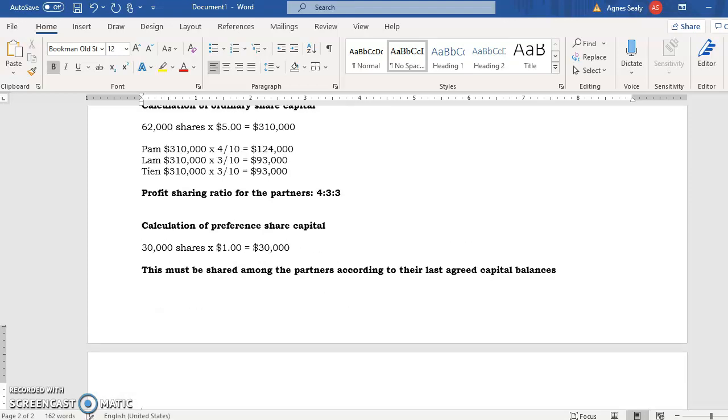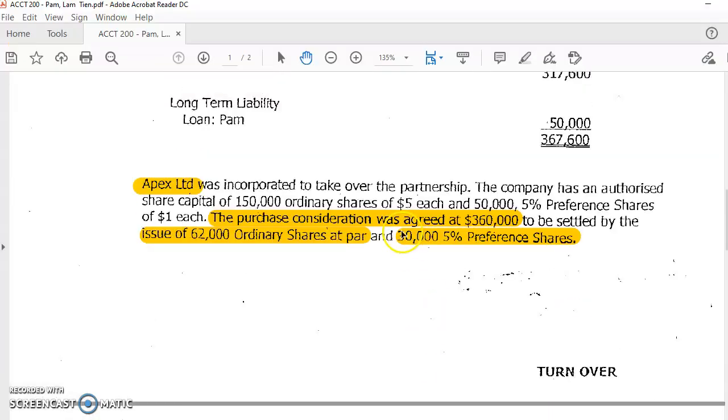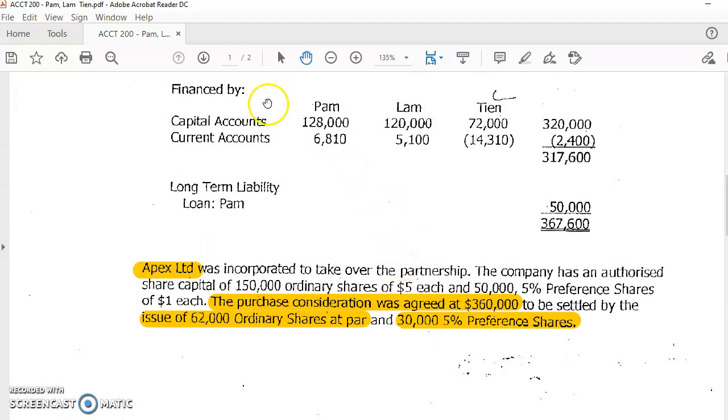So we need to look at what their capitals were previously: Pam $128,000, Lam $120,000, and Tien $72,000.